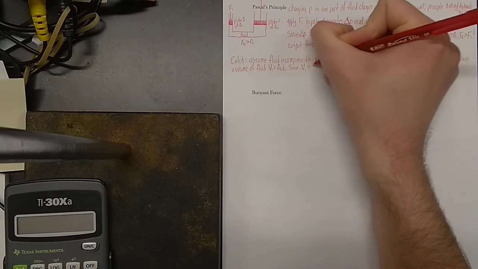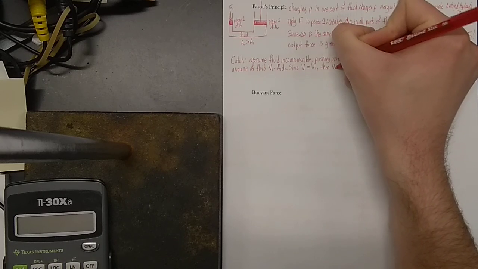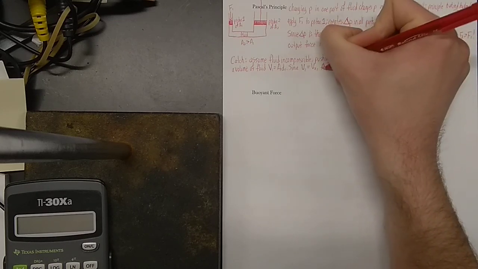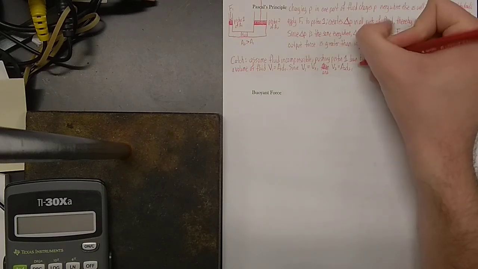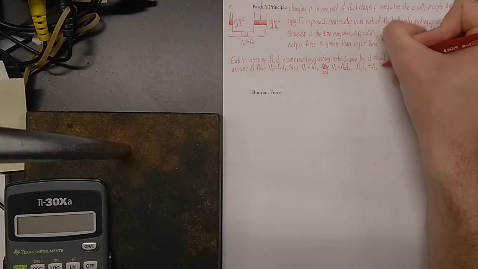Since V1 must equal V2, and V2 equals A2 D2, then we have A1 D1 equals A2 D2.